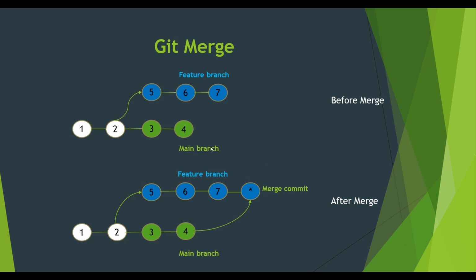For example, when we want to merge the changes of the main branch into the feature branch, it creates another commit, which is known as a merge commit. As a result of this merge commit, the feature branch will have 5, 6 and 7 as well as commit IDs 3 and 4, which will also start appearing in the history. But this is because of the commit that is generated by the merge command that we perform. Let us understand the same from the demonstration point of view.